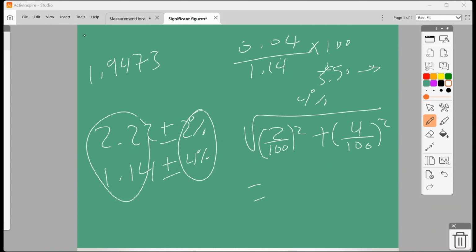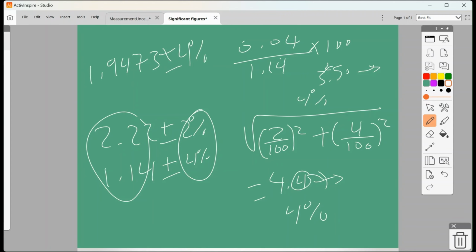So the answer would give 4.4, and then it continues. So because this is less, I'm going to drop this. So the answer is 4%. So my final answer is plus or minus 4%.